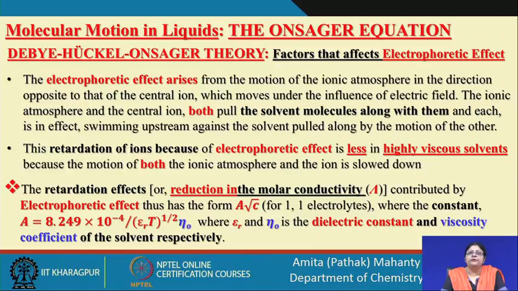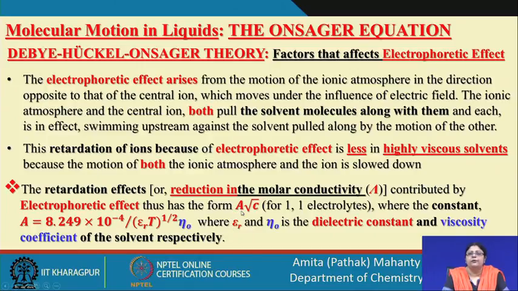Okay. So, the retarding effect, which is reflected in the reduction in the molar conductivity due to the electrophoretic effect, can be represented by a term which is a formulation.